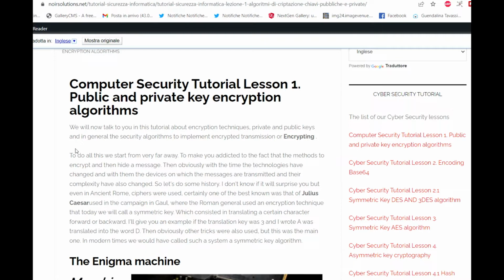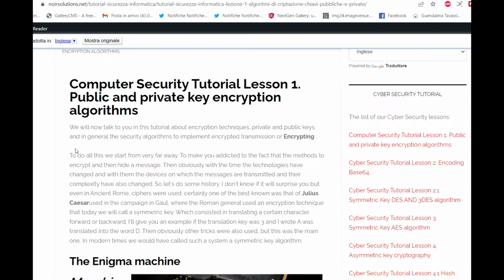One of the best known was Julius Caesar's, used in the campaign of Gaul, where the Roman general used an encryption technique that today we would call a symmetric key, which consisted in translating a certain character forward or backward. I'll give you an example.